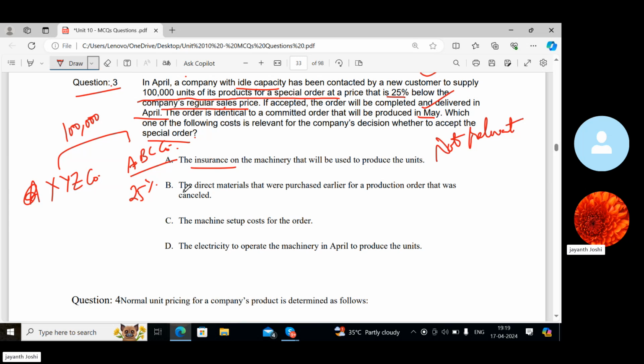Direct material that was purchased earlier for a production order that was cancelled. See, this is also irrelevant, right? Are you going to take extra direct material here?